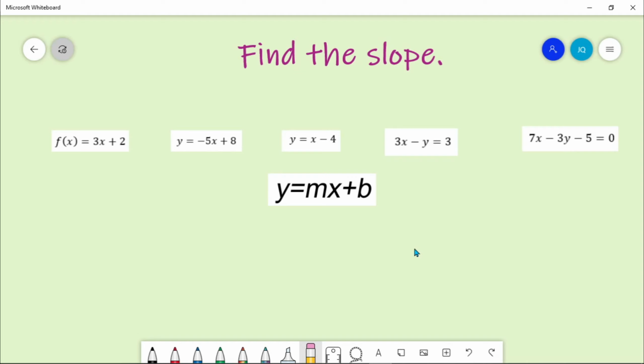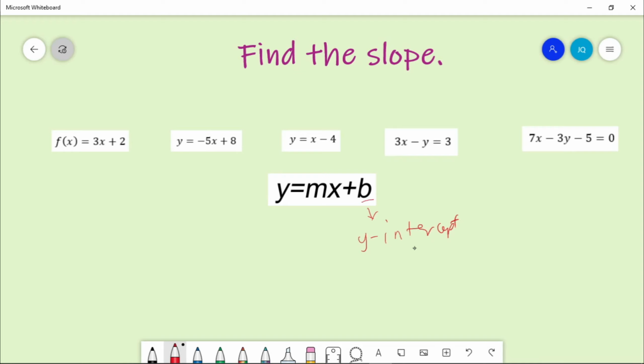So how are we going to find the slope when the given equation is already in this form? As you can see, we have variables x, y, m, and b. Variable b is actually the y-intercept. This is where the line hits or touches the y-axis.